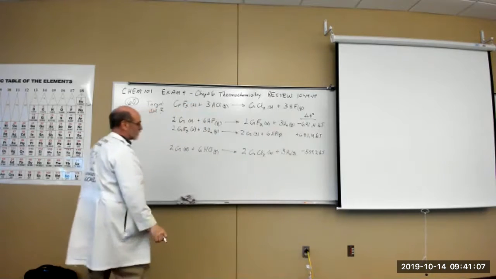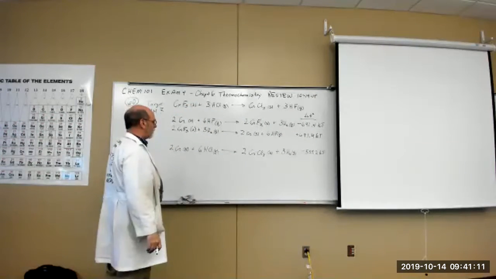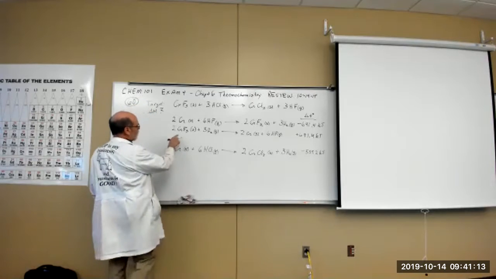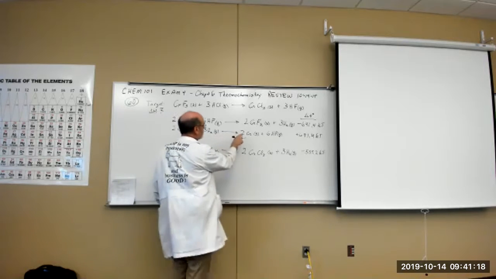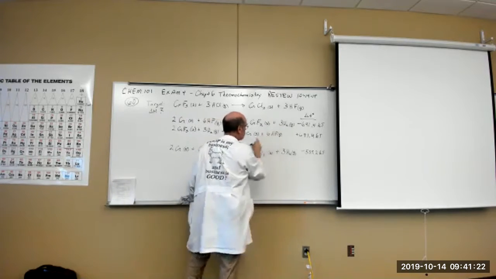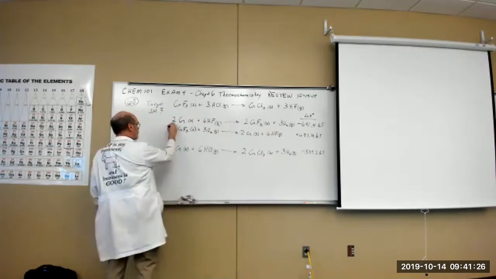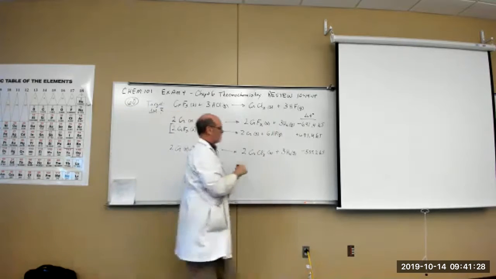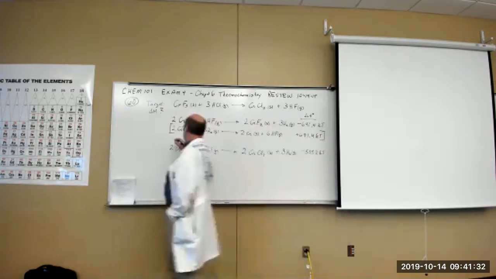Now, the other thing you have to look at is the balancing part. So you've got 2 here, and you've got 6 here, but you only need half as much, right? So you take the whole thing, including the enthalpy, and divide it by 2.